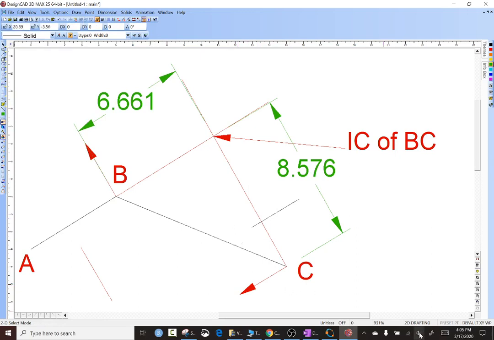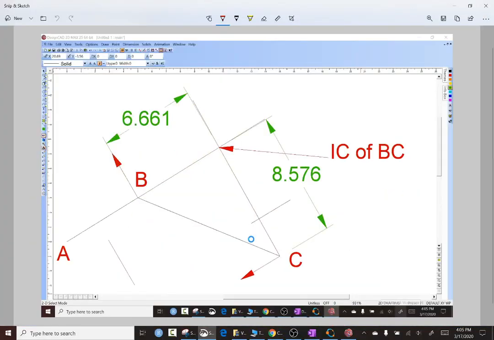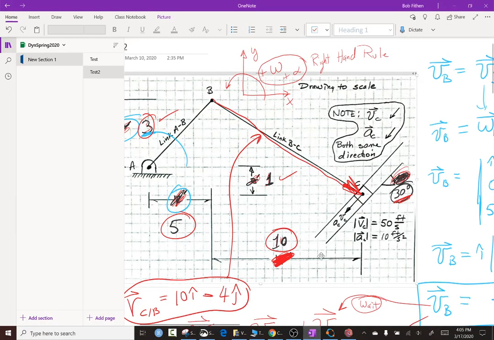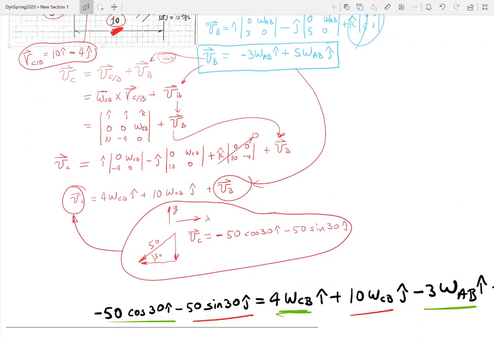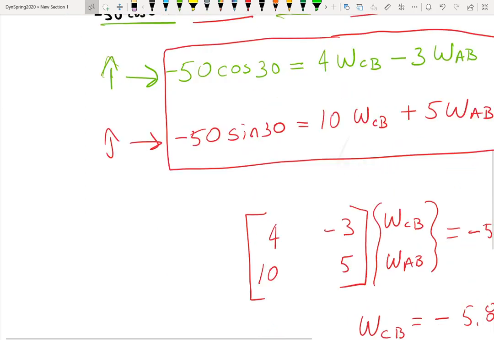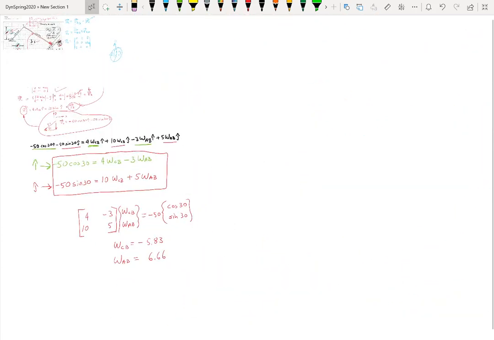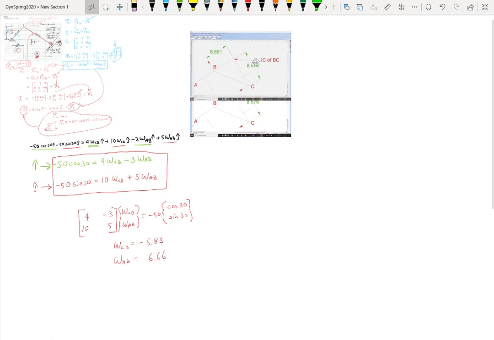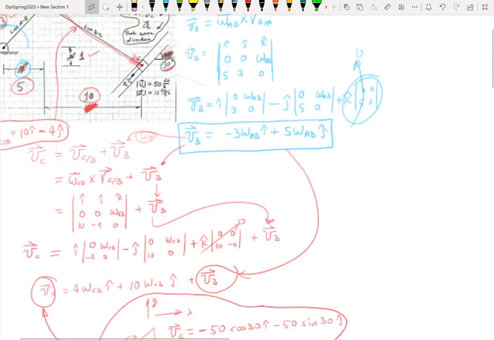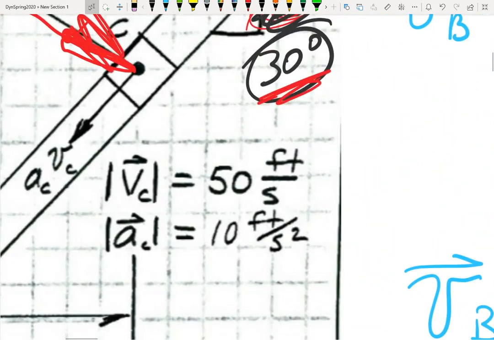So what I'm going to do now, take a full screen snip, go back into here, and finish this problem up to see if I get the same answer. Here's the way I'm going to do it. I'm going to take an actual scale drawing, drop it in there, and then zoom back in on it with the knowledge that that is 50 feet per second.